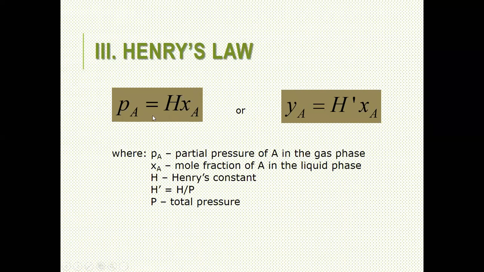Now, in here, the partial pressure still of a component gas A is equal to the product of a constant we call Henry's constant and its mole fraction in the liquid phase. So we have changed the pure vapor pressure of A in the original equation by Raoult's law to Henry's constant. Now, where do we get this Henry's constant?